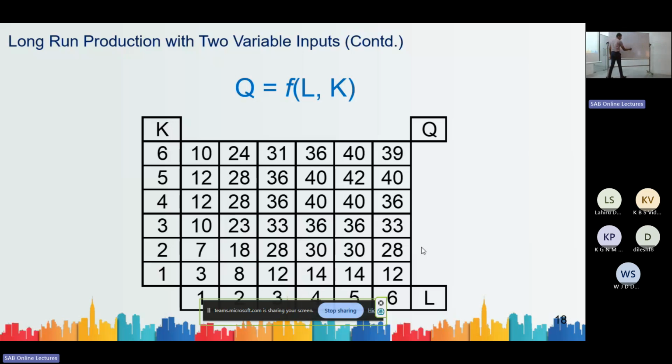So this isoquant curve shows all possible combinations of the two inputs. What are the two inputs? Labor and capital.